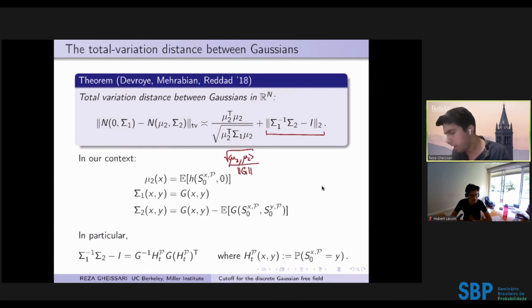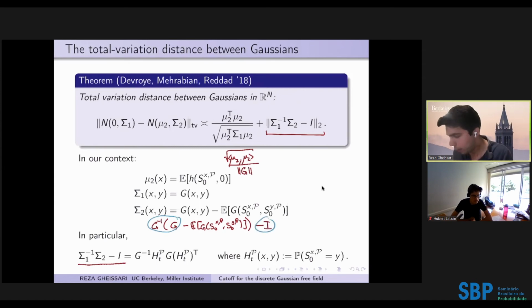On the right, though, I want to just reinterpret this term, which is the fluctuation term or the covariance term in the difference. And so if I just write sigma 1 inverse sigma 2 minus I, you see that I get G inverse times G minus expectation G of X naught, and then minus identity.